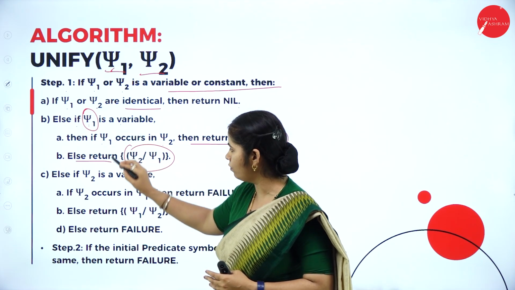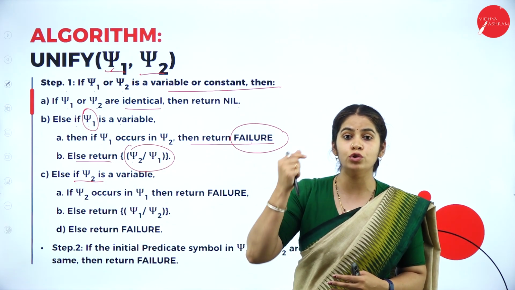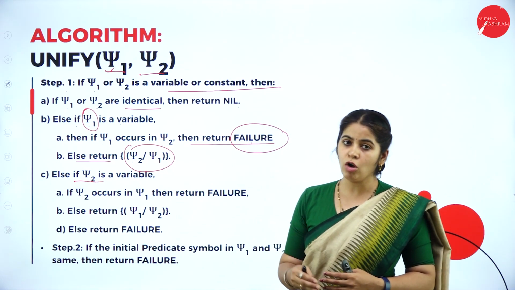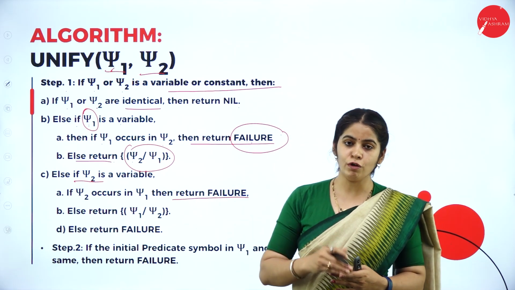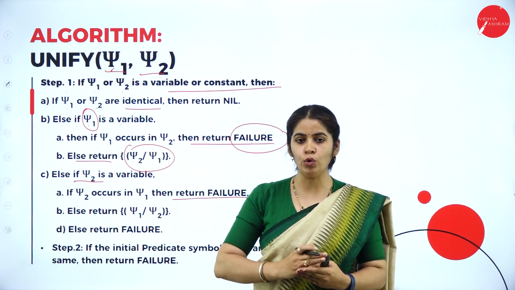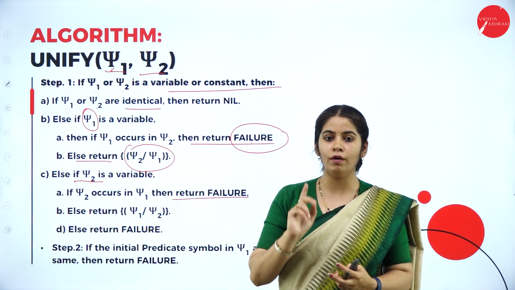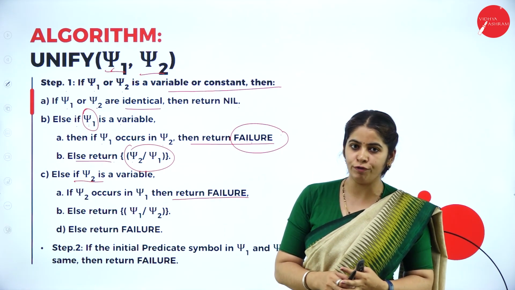If it is true, then we execute this statement. Then we check if psi 2 is a variable. We cannot again go for substitution, because the same condition happens: if you substitute psi 2 with psi 1, there will again be the same literal more than one time, so that fails the condition of unification.